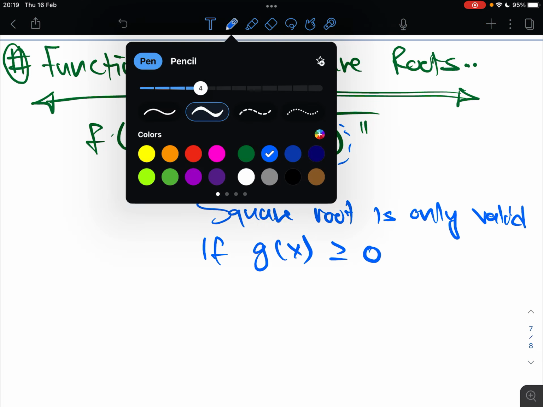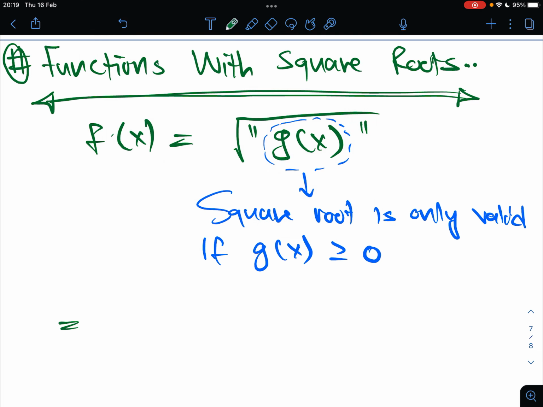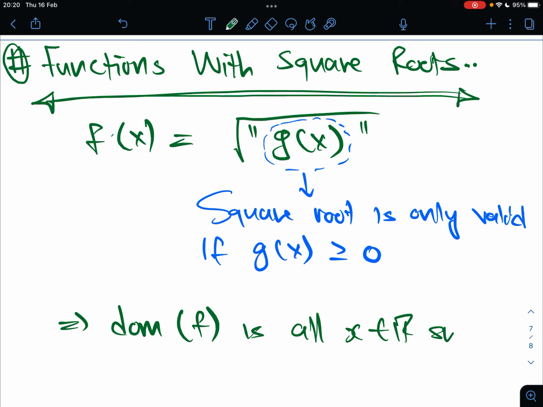So this implies that every time you want to find the domain of a function such as f, it is simply all x, elements of the real numbers, such that g of x is greater than or equal to 0 at those points.